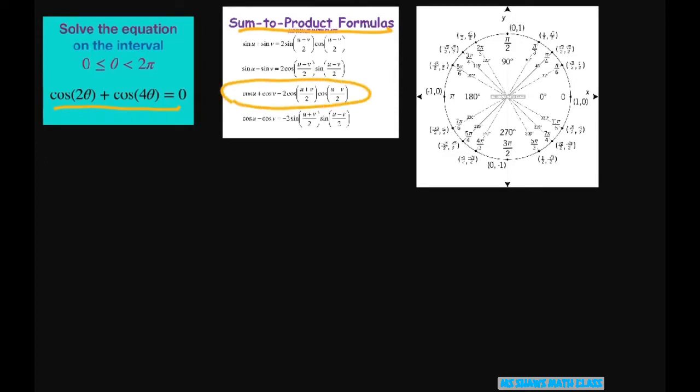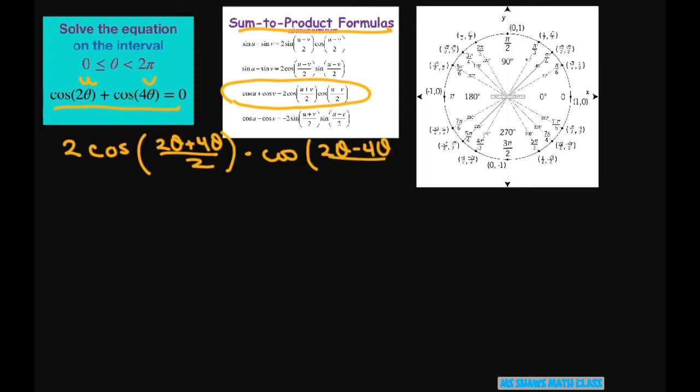So this is your u, this is your v, so we're just going to write this as 2 cosine of (2 theta plus 4 theta) divided by 2 times cosine of (2 theta minus 4 theta) divided by 2. All right, and set that to 0.